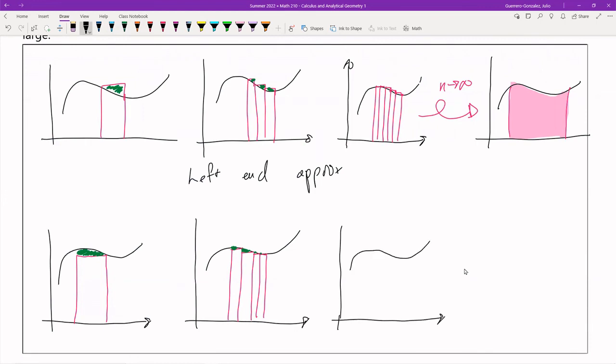So same squiggle, pretend it's the same squiggle. And we're making the partitions even smaller now. So this is now really tiny, even smaller, and again using the right end approximation.